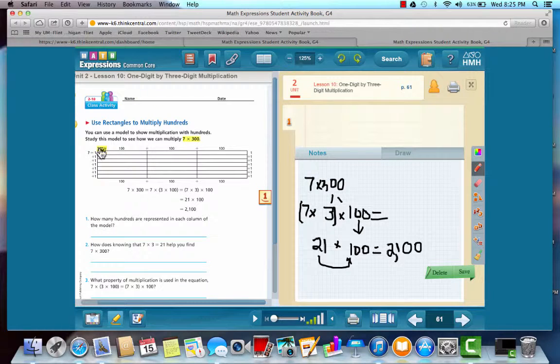So remember, they broke 300 up into 100s at the top. But remember, there are 7 rows in this column. So 100, 200, 300, 400, 500, 600, 700. There are 700 in this column.